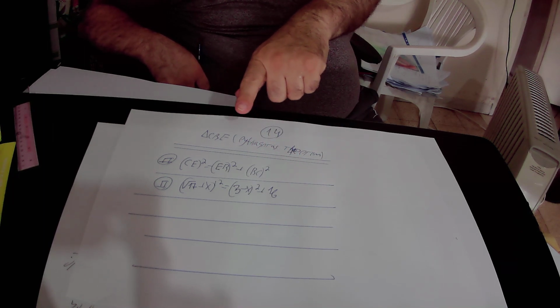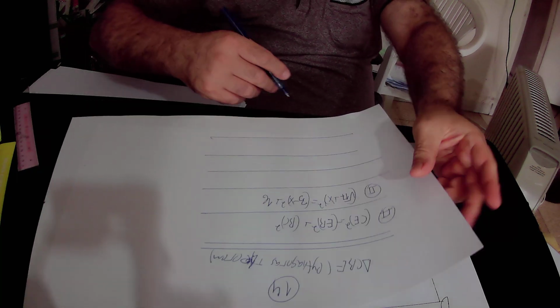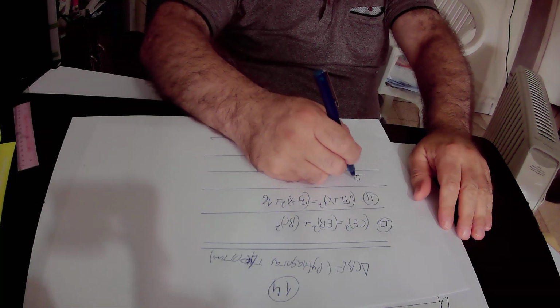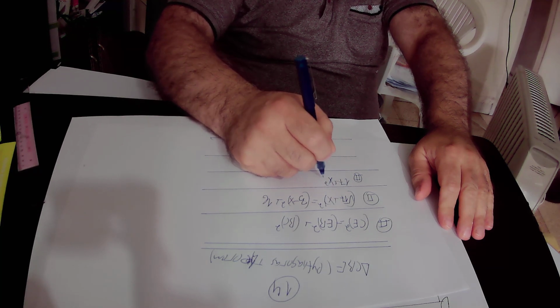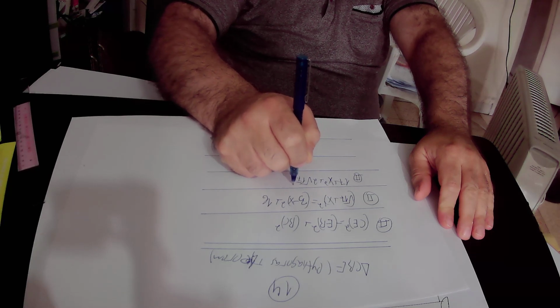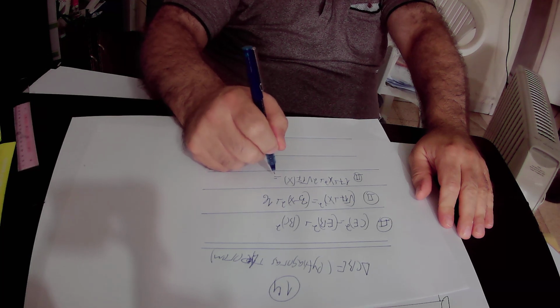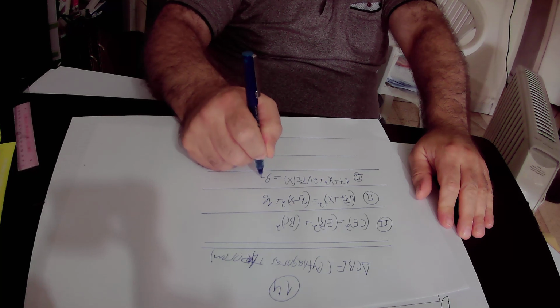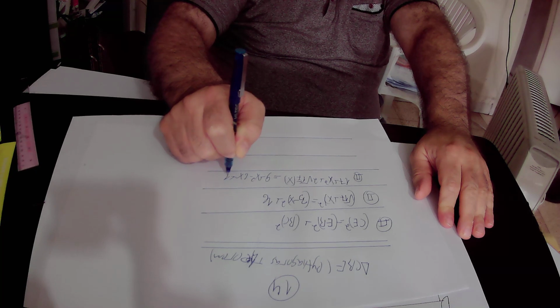Here we will open the brackets on both sides of equation number 2, and we will get that square root of 17 plus x, squared, equals 17 plus x squared plus 2 times square root of 17 times x, and it equals 3 minus x squared. 3 minus x squared is 9 plus x squared minus 6x plus 16.